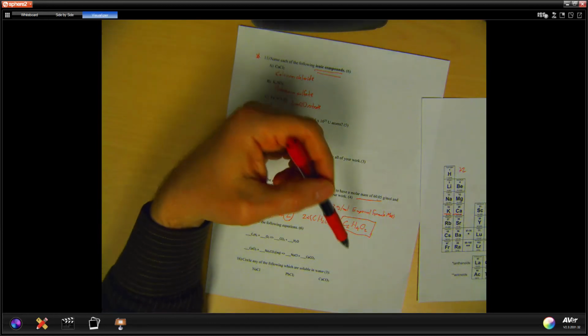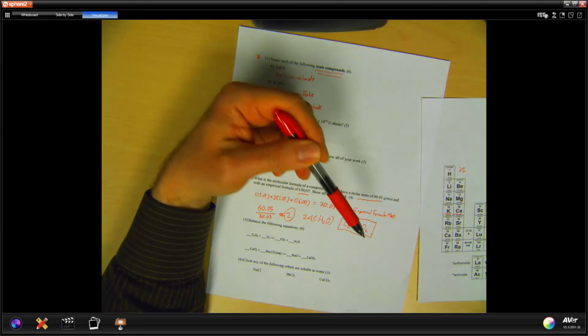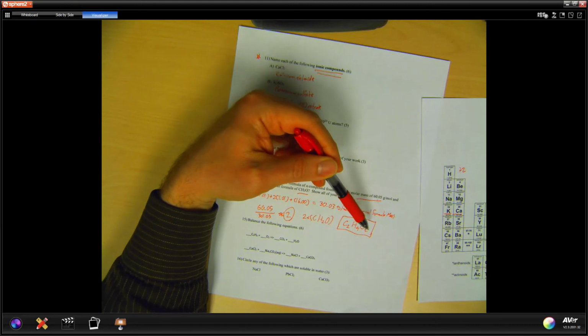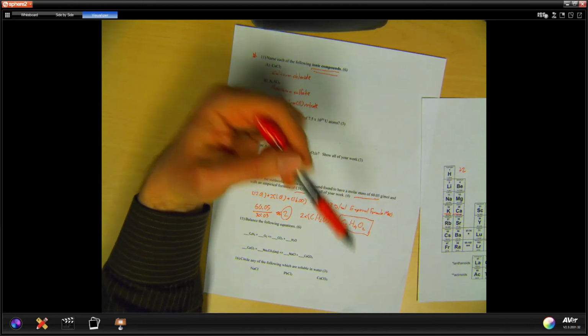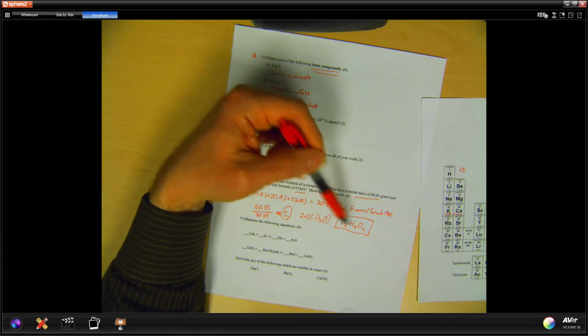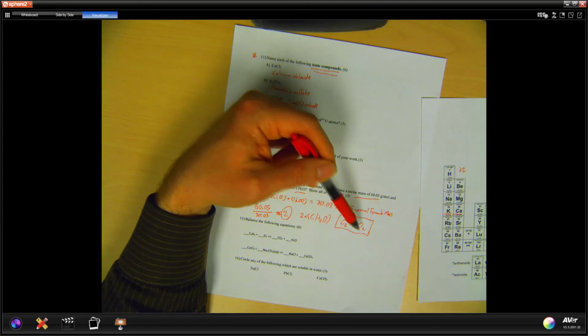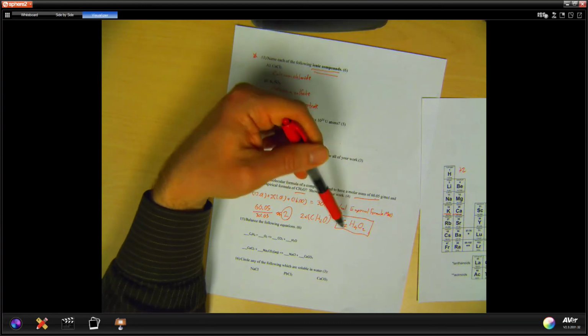What that is telling us is that in a molecule of this compound, you have 2 carbons, 4 hydrogens, and 2 oxygens. That's not the empirical formula. The empirical formula is the smallest whole number ratio. So you would divide by 2 to get back to that. But we're looking for the molecular formula. So that's how we would do that.